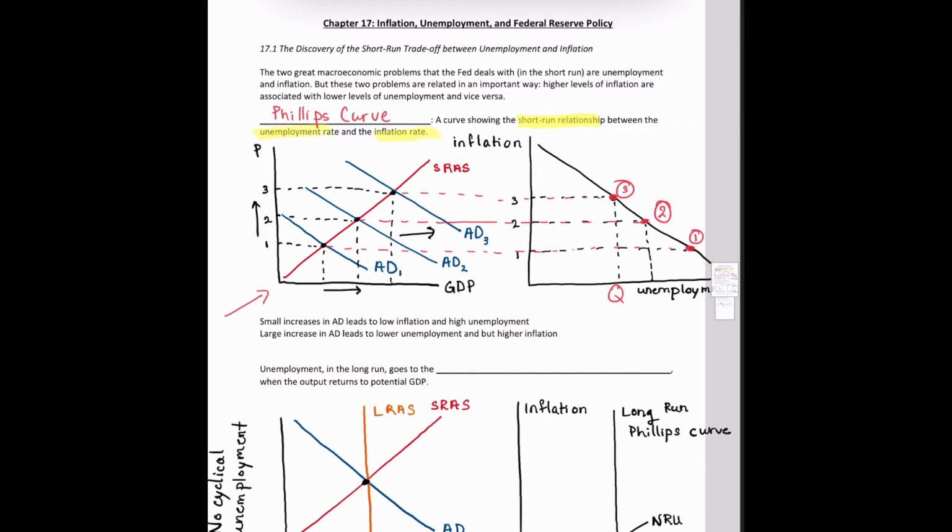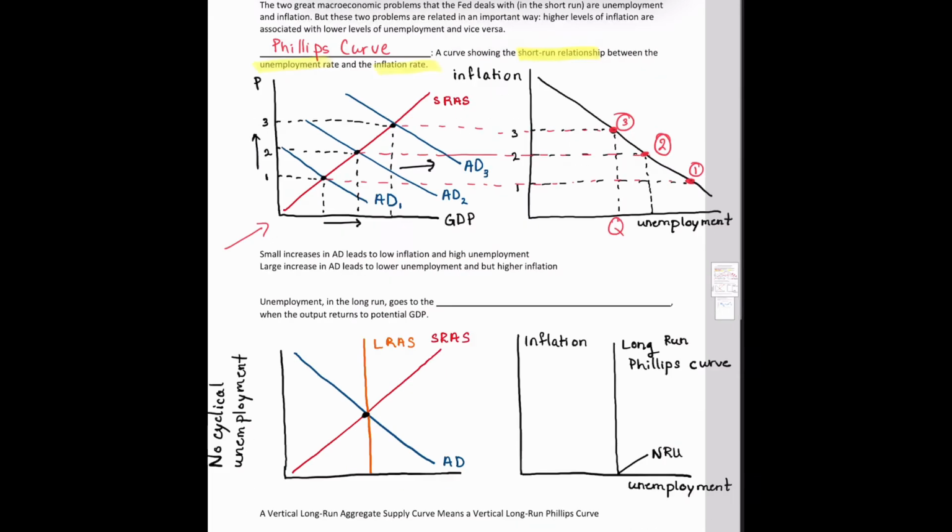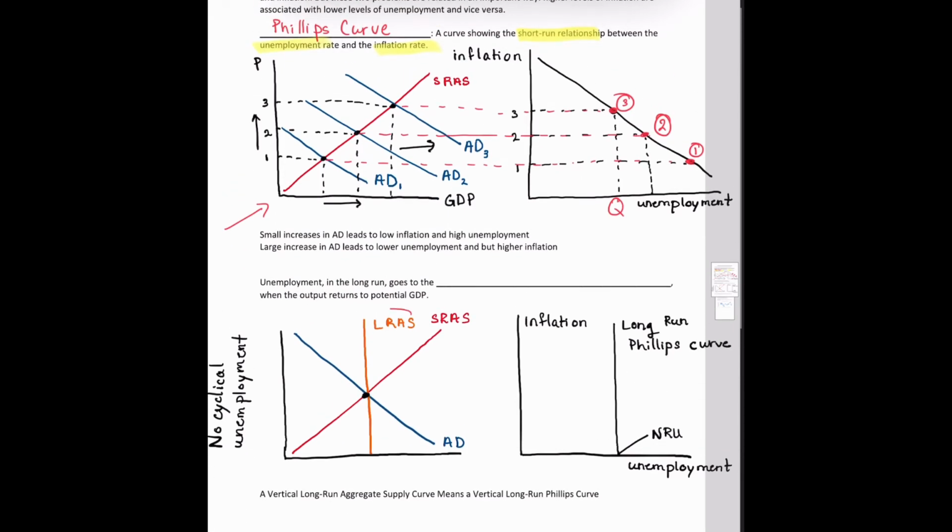So what happened eventually was, in the late 1960s, economists agreed that there was a long-run aggregate supply curve that was vertical, which we have talked about here. We have a long-run LRAS curve.